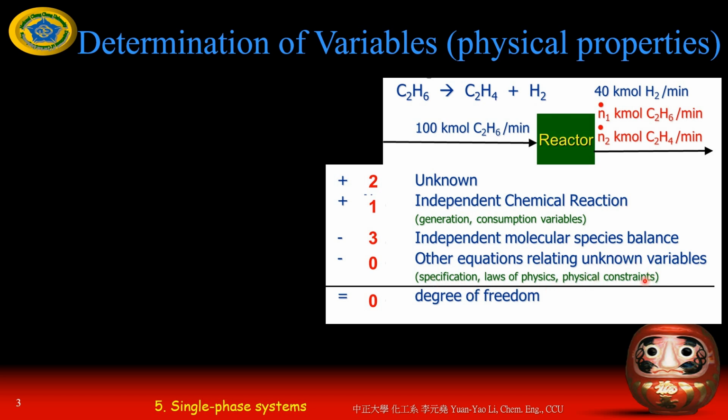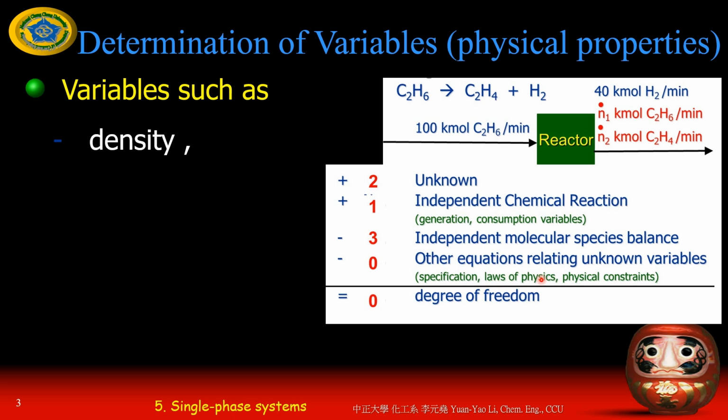In chapter 5, we are going to provide you some of this information, and you need to know how to find these variables using physical laws, such as density. Density is easy.